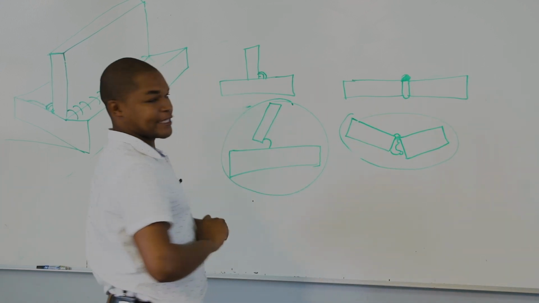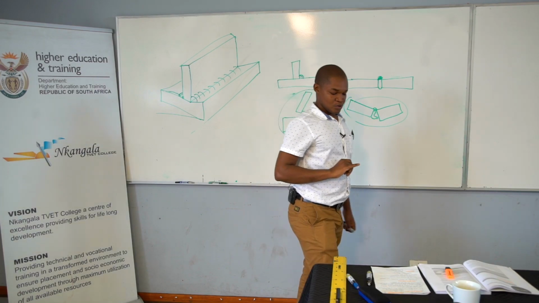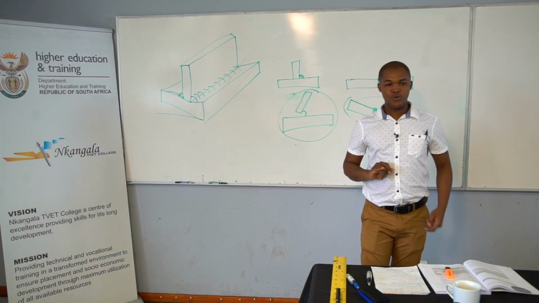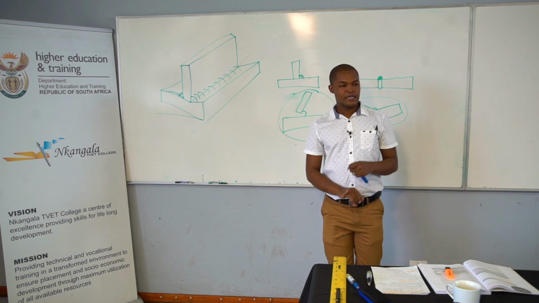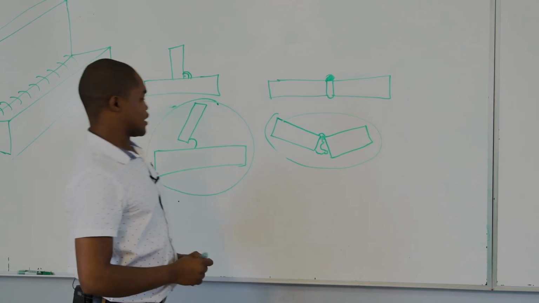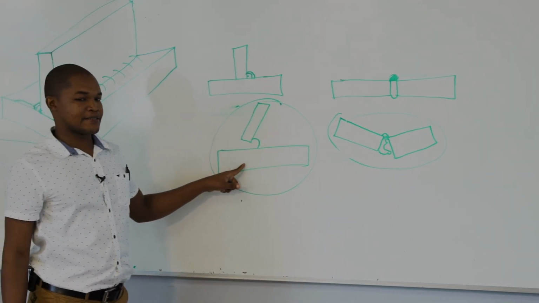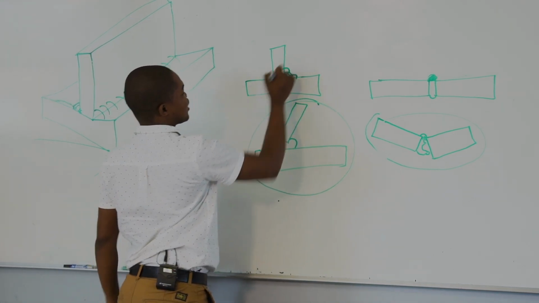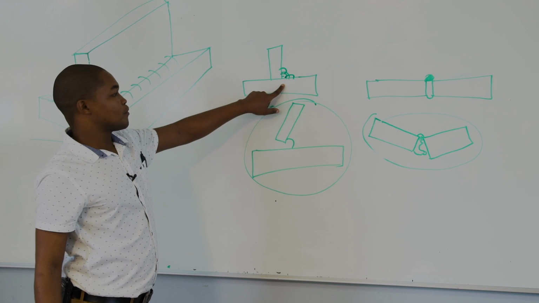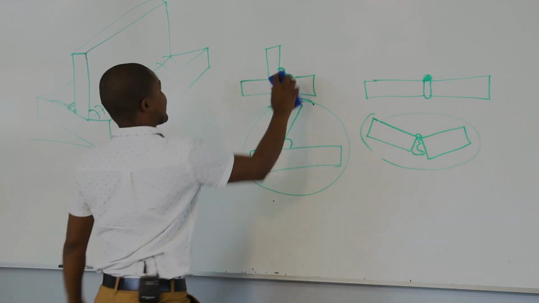So how do we avoid that? We don't overweld, number one, to avoid this distortion. So what does it mean by overwelding? It means that when you weld, they required you to put only 1 run on the workpiece, and then you're going to put 3 runs on the workpiece.